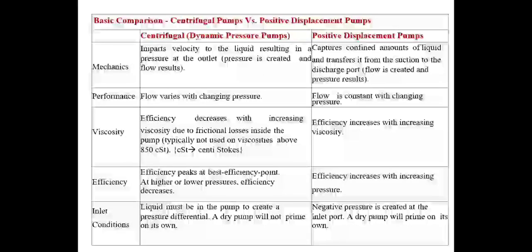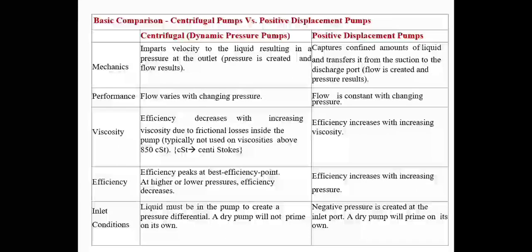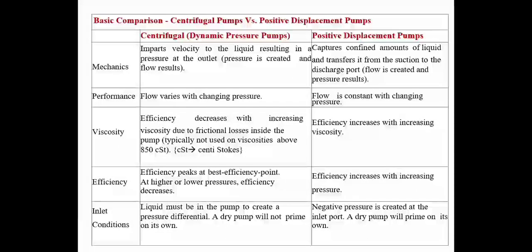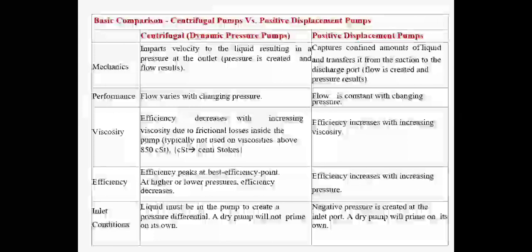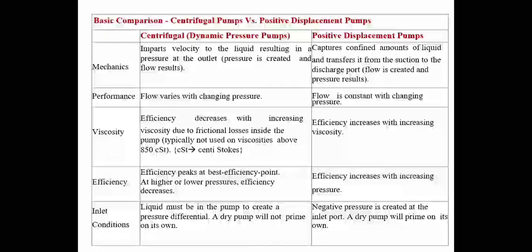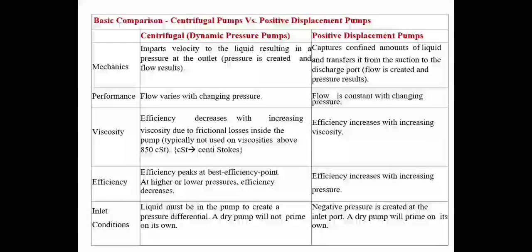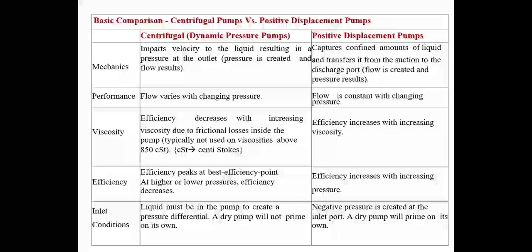The second one is, according to performance, flow varies with changing pressure. So that's why it is known as variable displacement pumps or dynamic pressure pumps. Velocity or flow changes with change in pressure. In the case of a positive displacement pump, the flow is always constant.